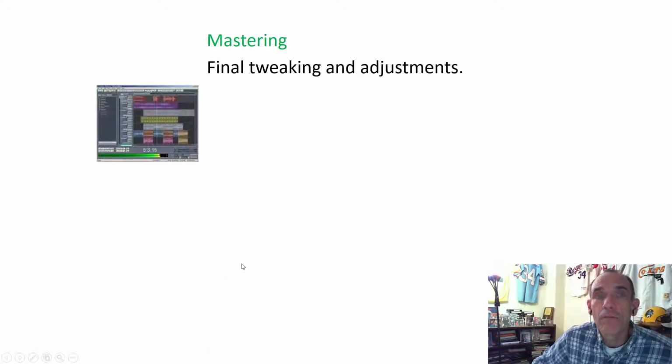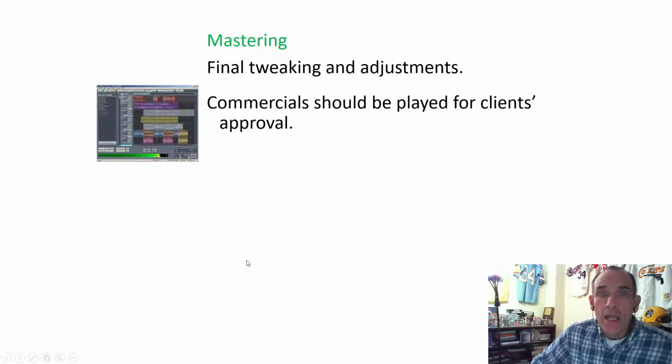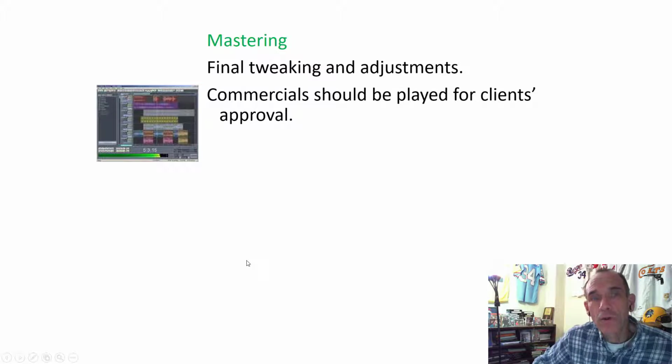Mastering is the final step, and this is the final tweaking and adjustments. And again, the major area in the broadcast area for audio production is the production of commercials. And we're leaving aside for now music production. But commercials, of course, should be played for clients' approval, and that's always done.